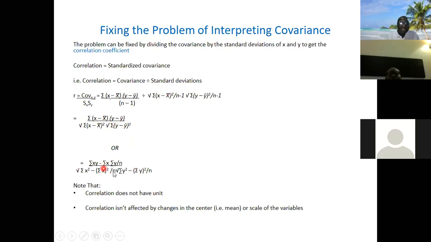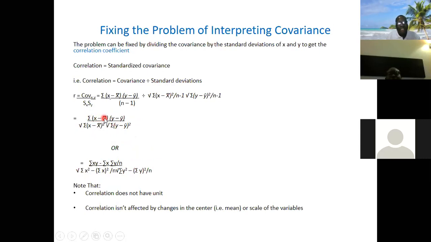It can be written this way to make the calculation faster. Though it looks complex to understand, if you use this formula, it gives you the same answer. That is the formula for correlation, and it's covariance over standard deviations. Can you see now?